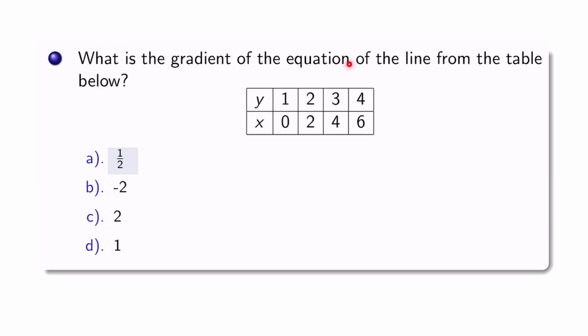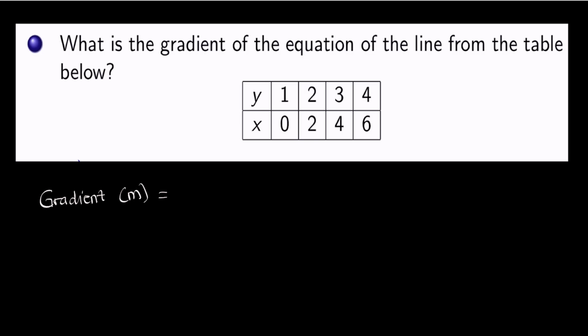What is the gradient of the line from the table below? By definition, the gradient of a line is the change in y over the change in x. That's y2 minus y1 divided by x2 minus x1. From this table, we can pick any of these points as y1, y2, and the corresponding x values as x1 and x2 respectively.